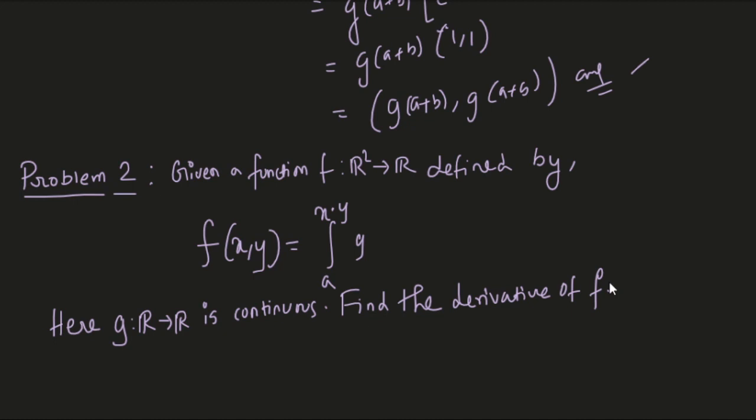So I'll give you 10 seconds to try and think about this problem based on what we have done in the previous one. I think that should be enough time.